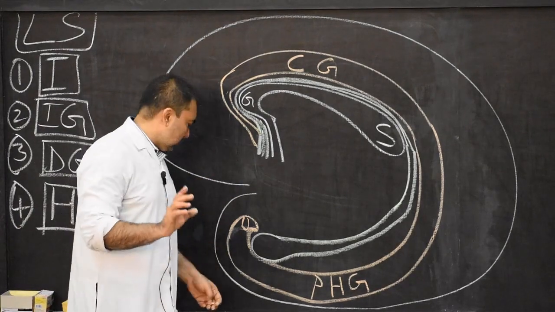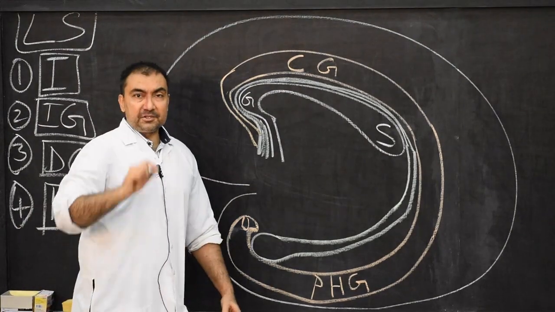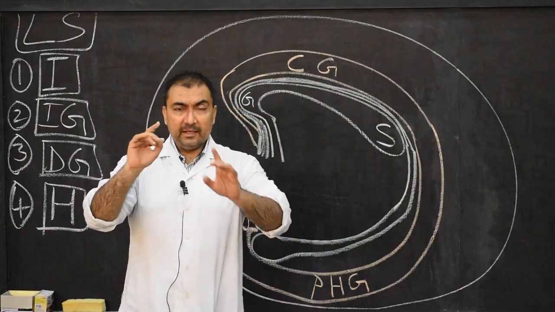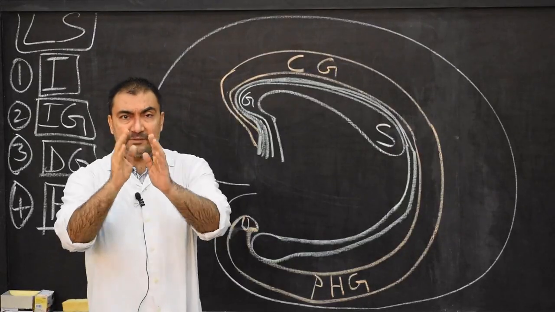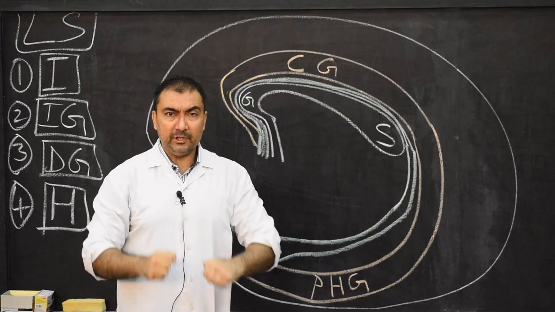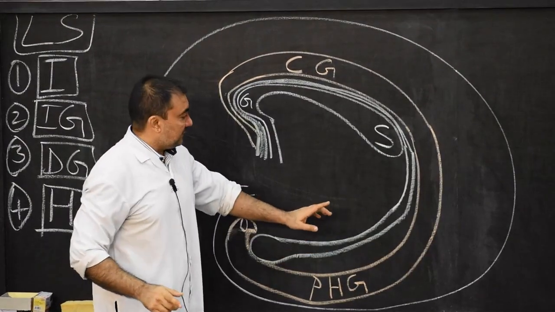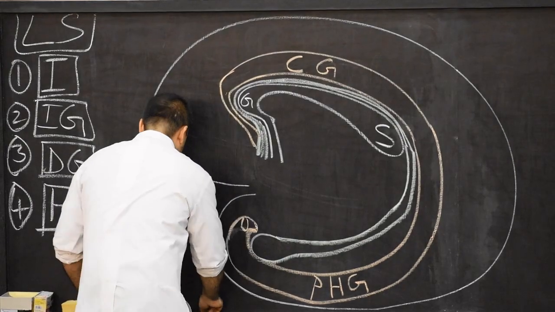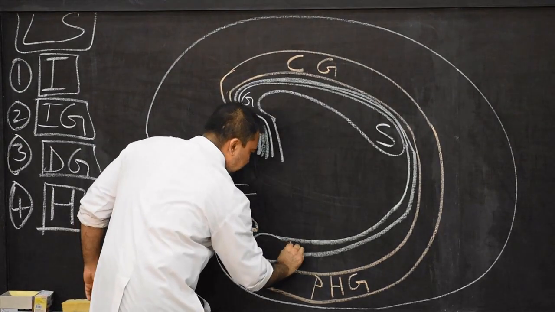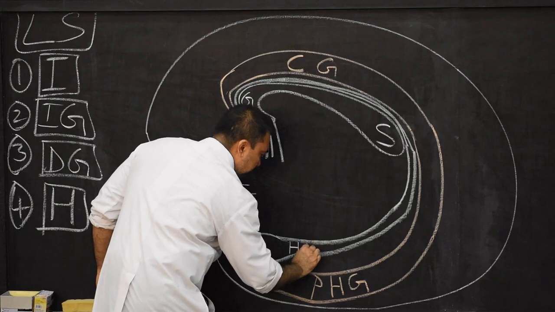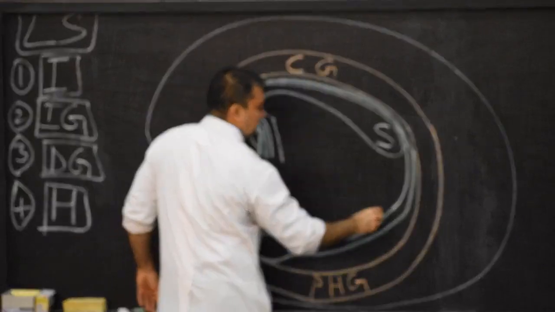And now, in the introduction, first point, the entire hippocampal formation is made up of the following parts. What are the following parts? Number 1, hippocampus. Number 2, the gyrus fasciolaris.